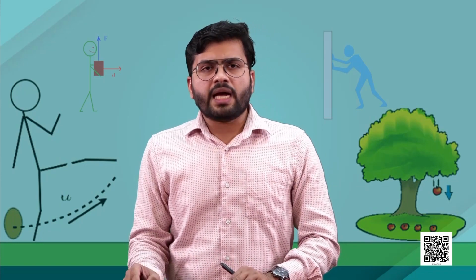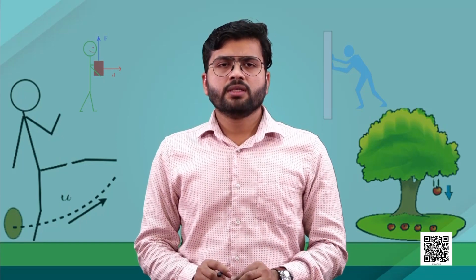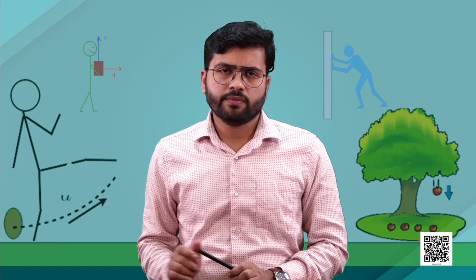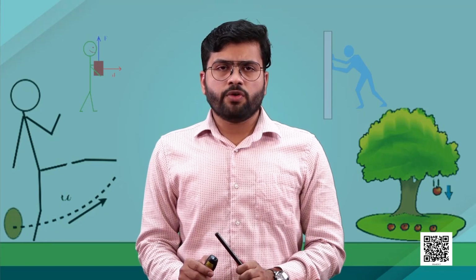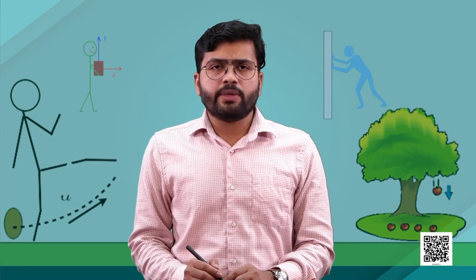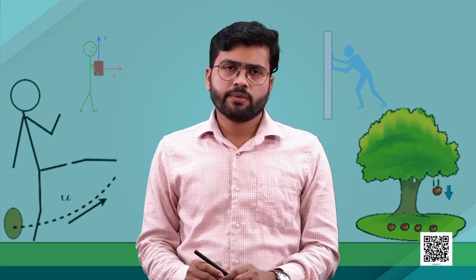Now, let us try to solve some numericals associated with potential energy or the expression for the potential energy. So, one such question is in front of you. Find the energy possessed by an object of mass 10 kg when it is at a height of 6 meter above the ground, given that the acceleration due to gravity, that is g, we will consider as 9.8 meter per second square.